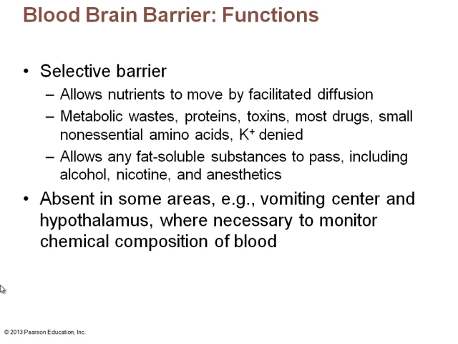The barrier is absent in some areas, for example the vomiting center and the hypothalamus, where it is necessary to monitor the chemical composition of blood to help maintain homeostasis. So we have to know what's going on in the circulatory system in order to send messages to the centers that need them.